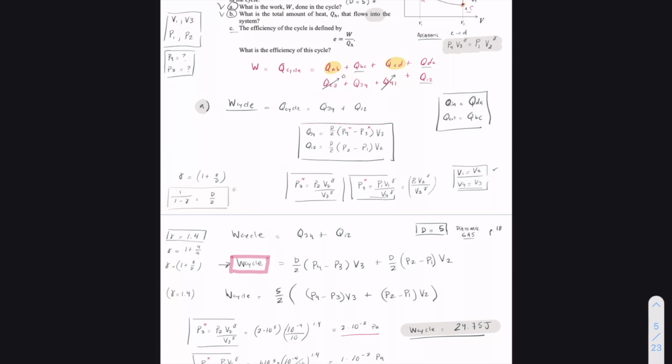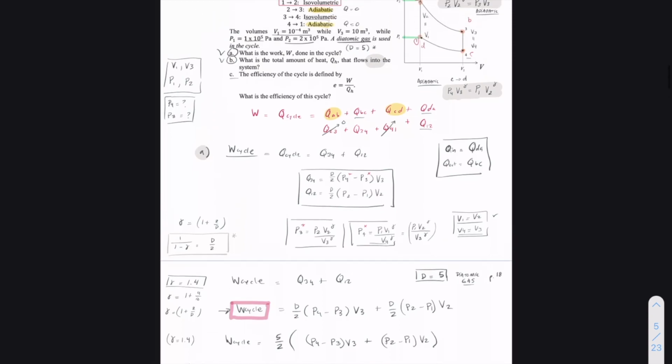For part A, we found the W of the cycle. This was for an Otto cycle because we could cancel out these adiabatic processes, because we know that Q is 0 for an adiabatic process. We just had the isovolumetric ones left. We used the general equation for heat transfer for an isovolumetric process. And then we used some of the adiabatic equations to relate them. So A to B is adiabatic and D to C, this curved line, is adiabatic.